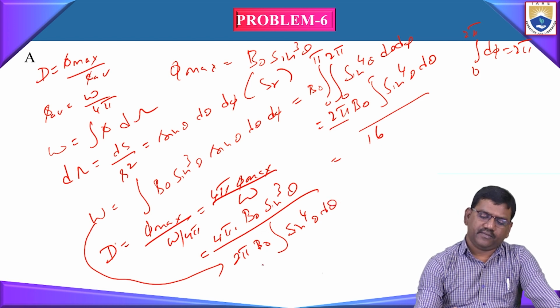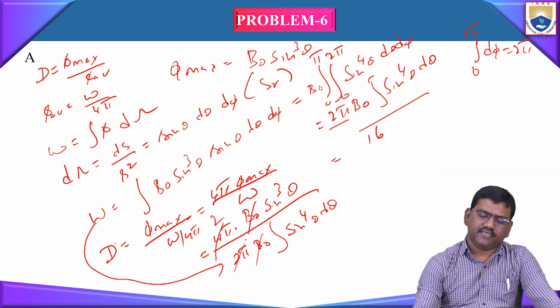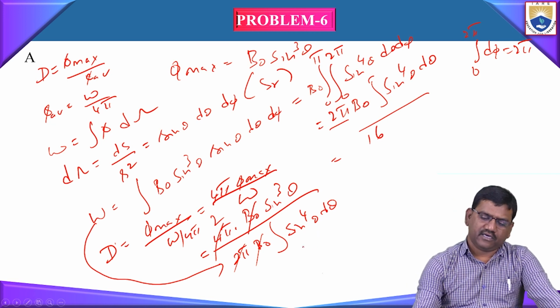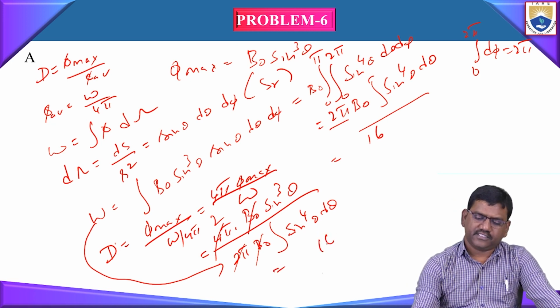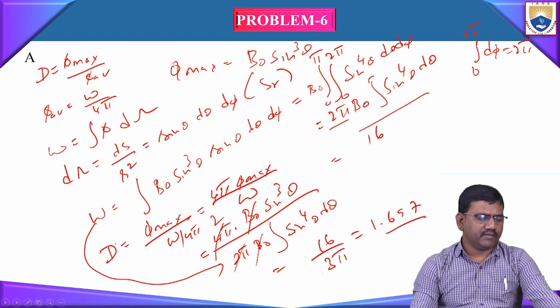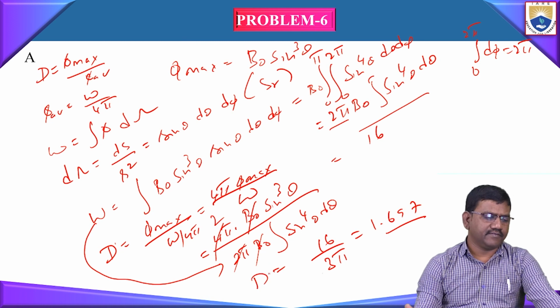So here B naught gets cancelled and 2 pi gets cancelled, you will get 2 here. So sine cubed theta by sine power 4 theta d theta. If you simplify here, you will get 16 by 3 pi. So this is equal to 1.697 here. So this is the directivity.